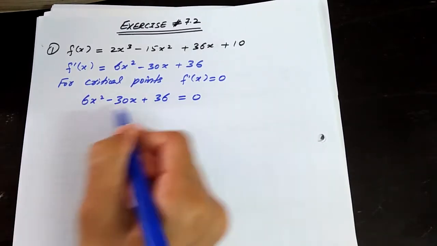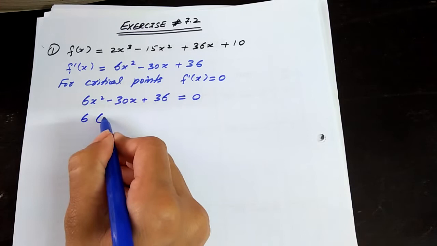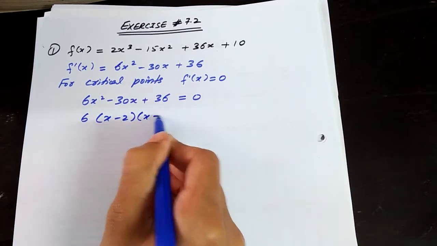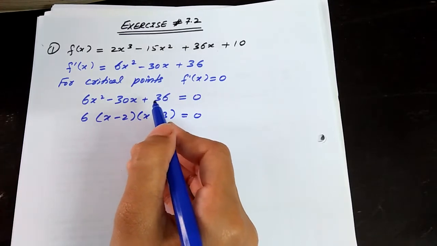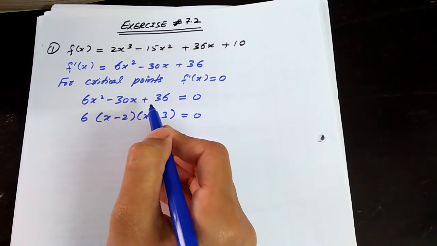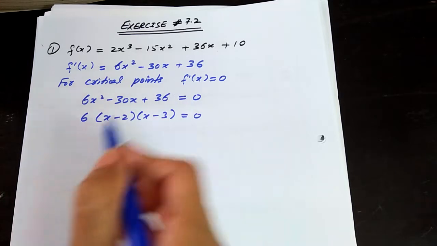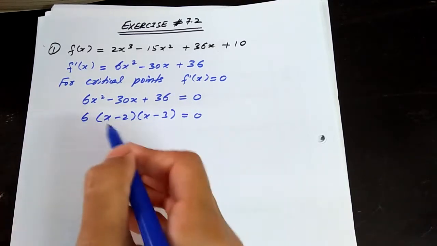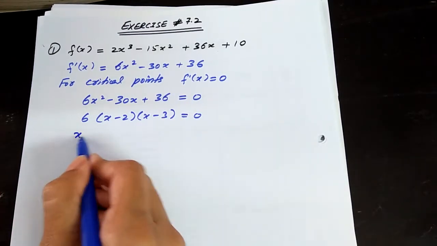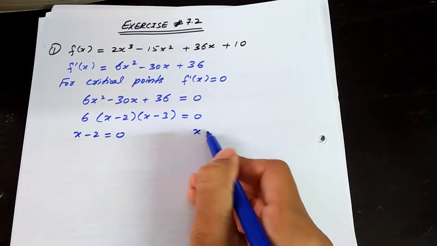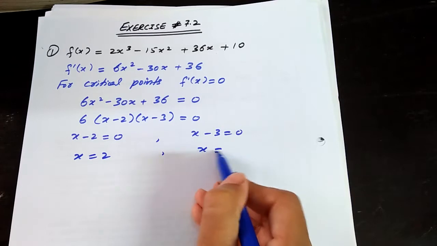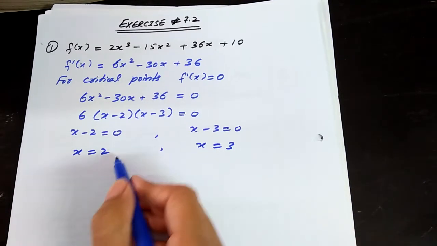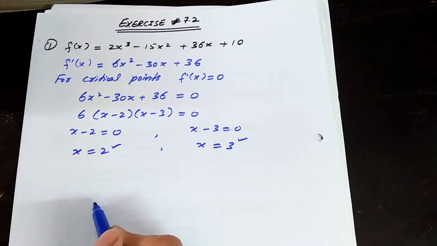Now we need to factorize this. So it will be 6 times (x minus 2) into (x minus 3) equals 0. You can factorize it through any method, using middle term breaking, or you can also use the quadratic formula for finding the values of x. So from here we get x equals 2 and x equals 3. So our critical points are 2 and 3.